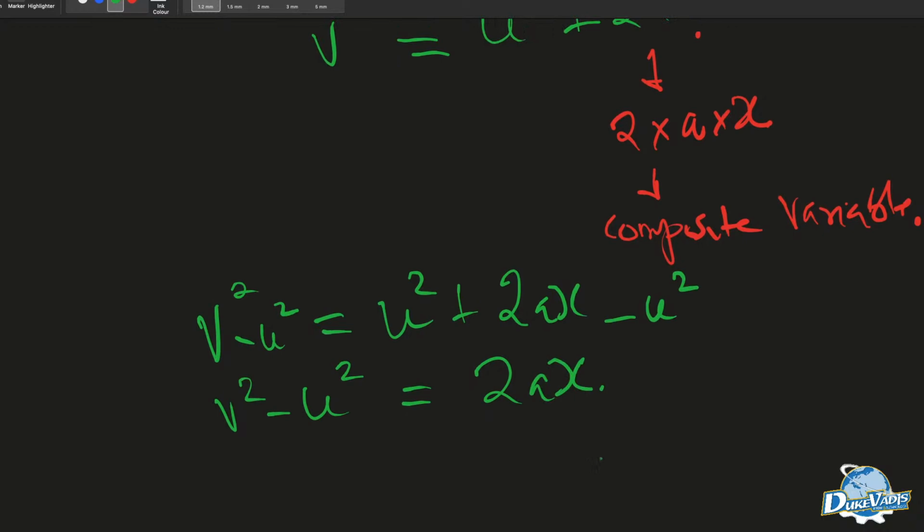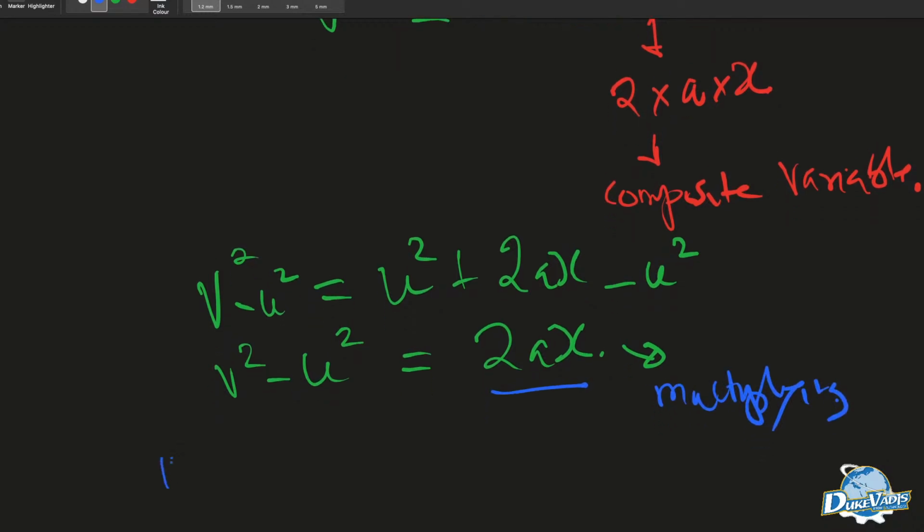Now, this is multiplication. The composites, these ones are multiplying. So therefore, the inverse of multiplication is division.